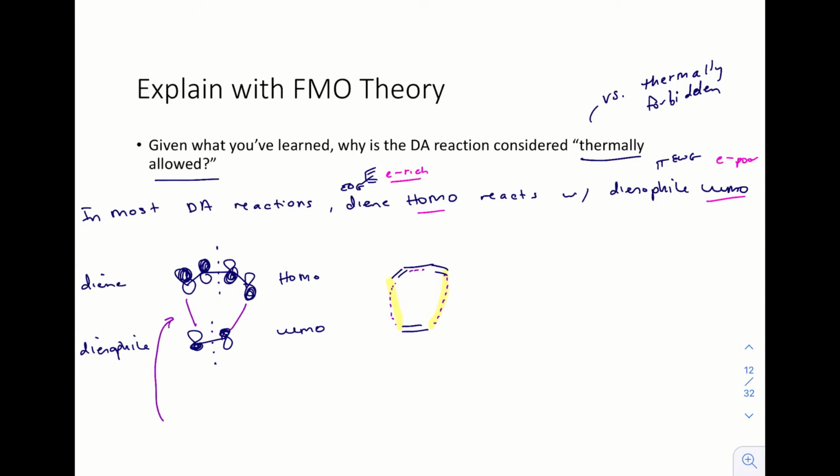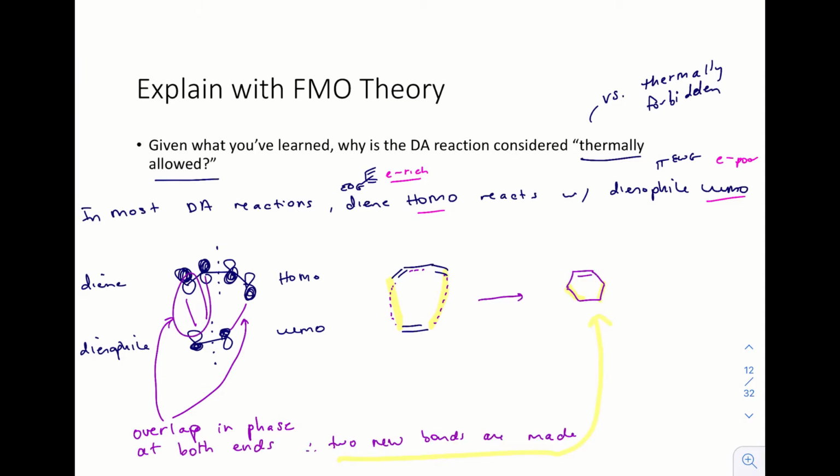When 2 orbitals overlap in phase, then they may overlap constructively and make a bond. And that is what occurs here, right? Two new sigma bonds are made. For that to happen, the HOMO and the LUMO must overlap in phase on both ends of the diene, where both carbon-carbon bonds are made. When overlap can occur constructively, a reaction is called thermally allowed, or another way to describe it is symmetry allowed. The symmetry of the HOMO and LUMO allow for this reaction to happen.